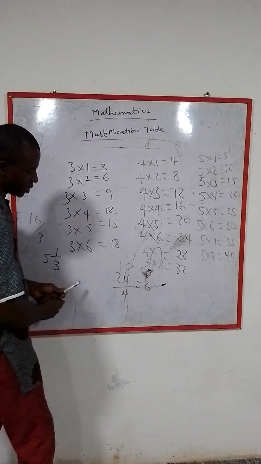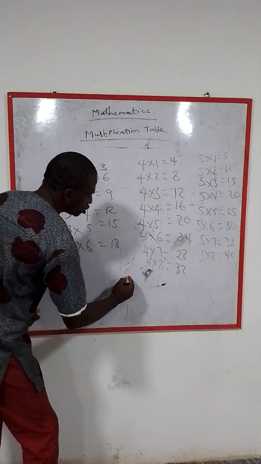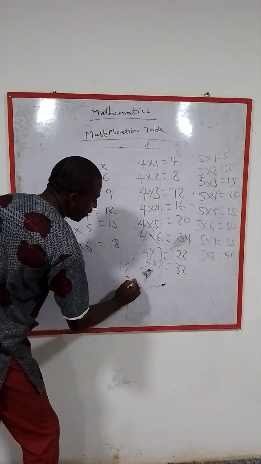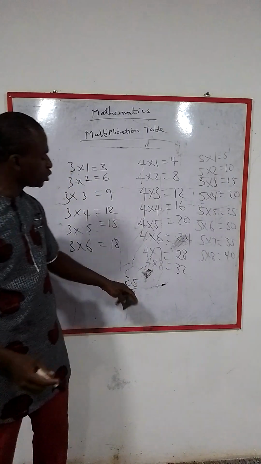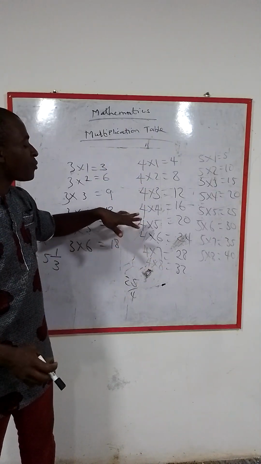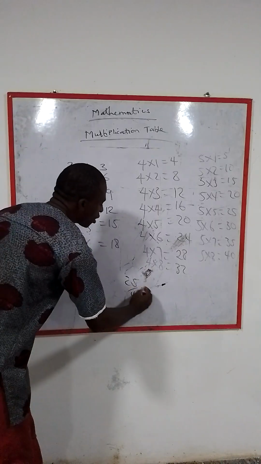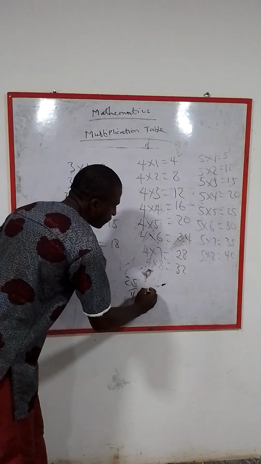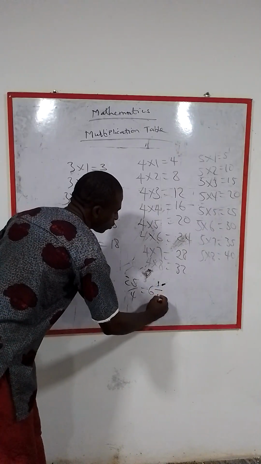What if I say 25? What if I say 25 divided by 4, for instance? How many times will 4 go into 25? With this knowledge of multiples, I can confidently tell you that 4 can go into 25 6 times with a remainder of what? 1 over 4.